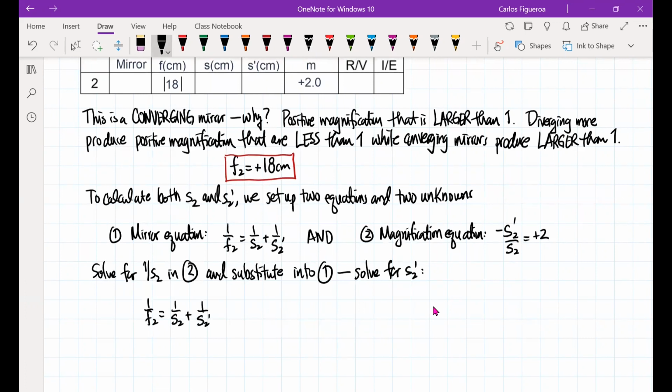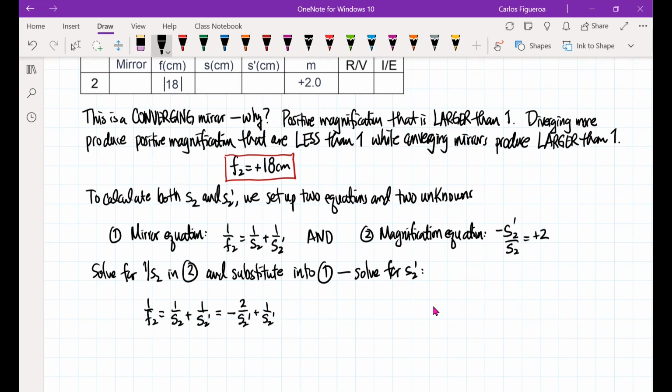Now look at the magnification equation. If I bring over the S2 prime to the right side, I then can replace this with minus S2 prime divided into 2 plus 1 over S2 prime.